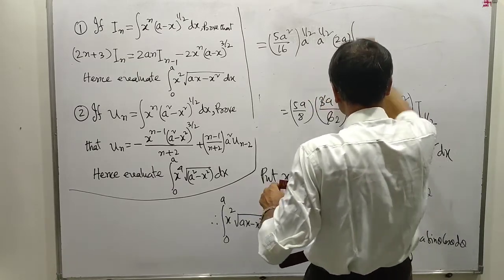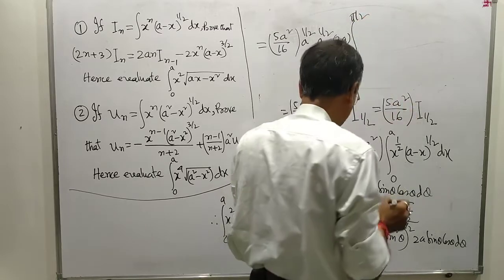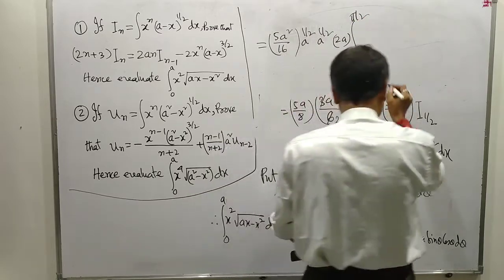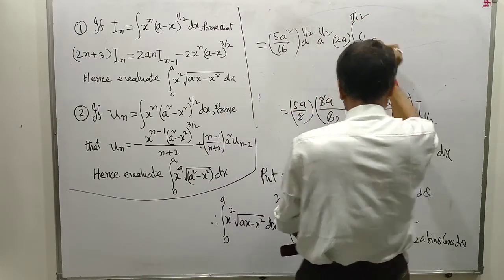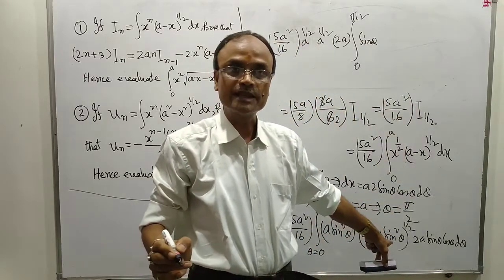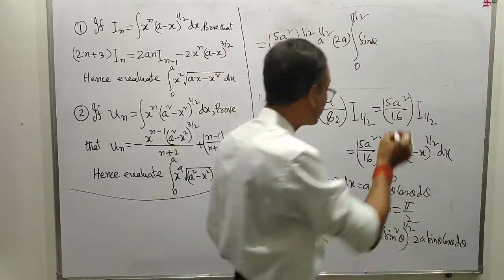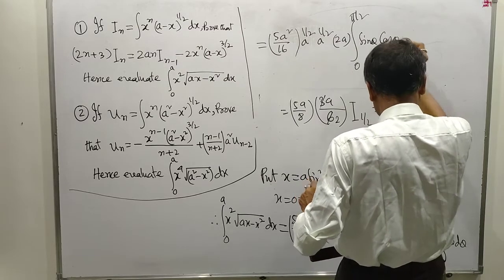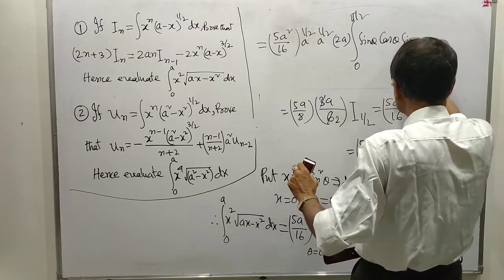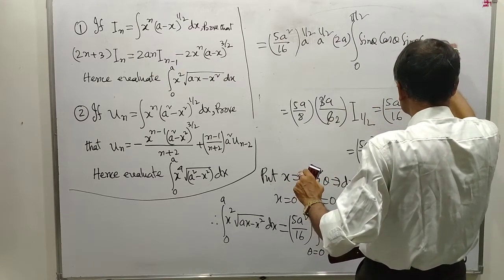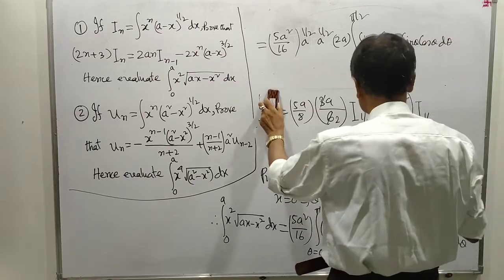Integration 0 to pi by 2, sin theta, 1 minus sin square theta equal to cos square theta whole to the power half, means cos theta, into sin theta cos theta d theta.